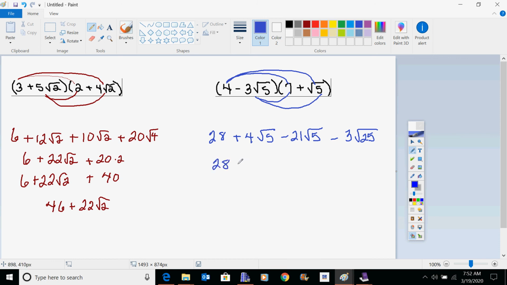I have 17, minus 17 square root of 5. Minus 3 times 5, because square root of 25 is 5. So now I'm down to adding 28 minus 17 square root of 5 minus 15. So 28 minus 15 is 13, minus 17 square root of 5, and it's fully simplified, and here's your answer right here.